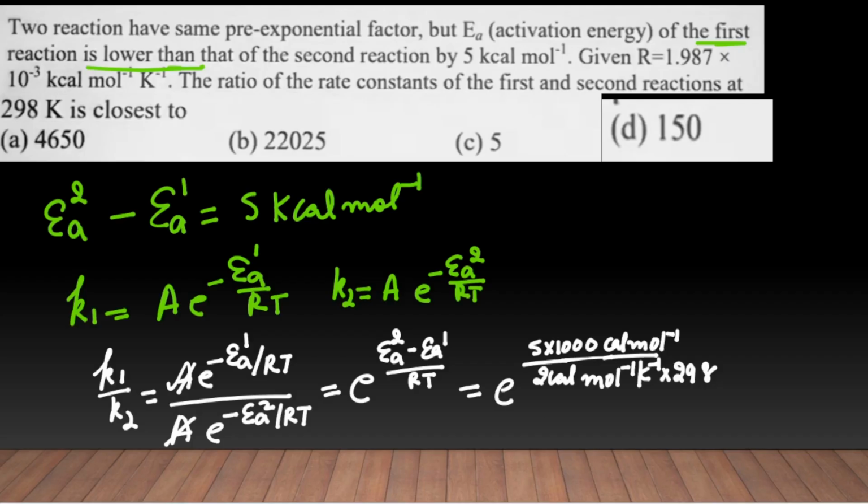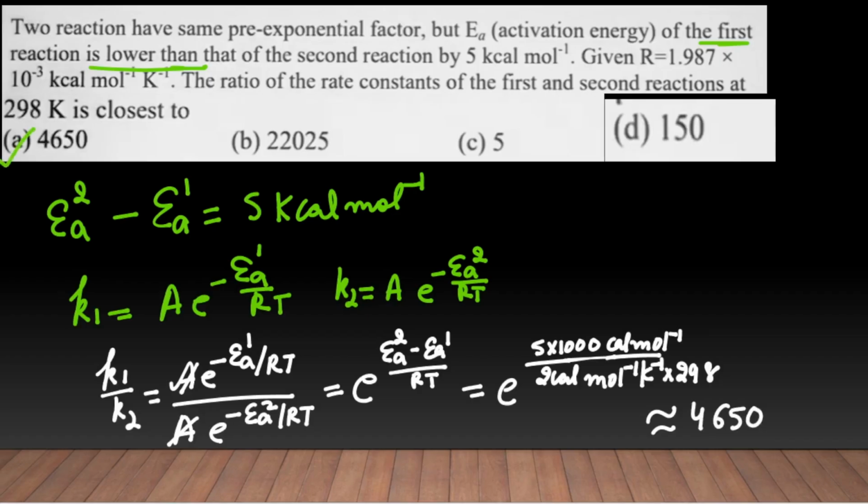So you just have to find this value and you will get your answer. On solving this, the answer we will get is close to the option which is 4650. So this is going to be the ratio between these two. So option A becomes the correct answer. The exact value, if you want to see it, is around 4628. So the closest answer match is option A only in this case.